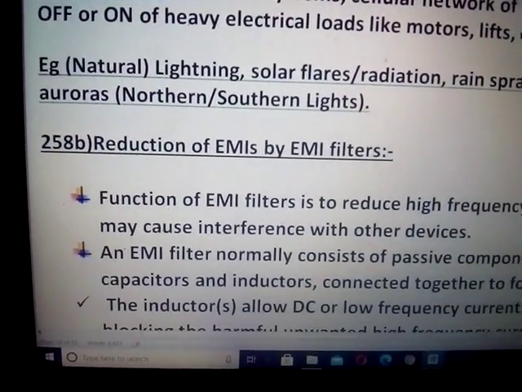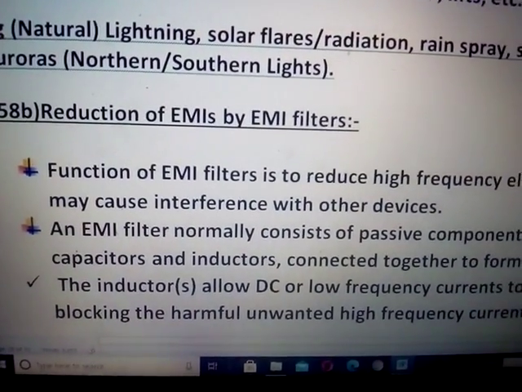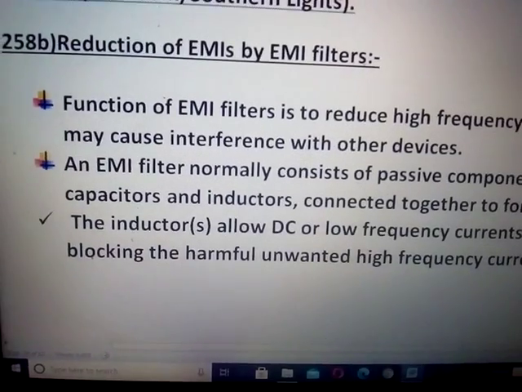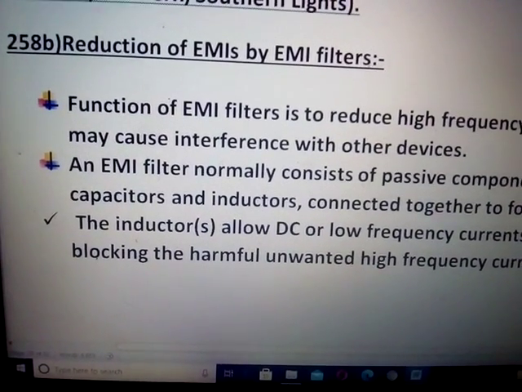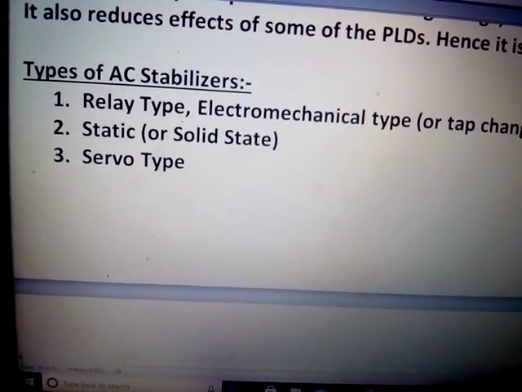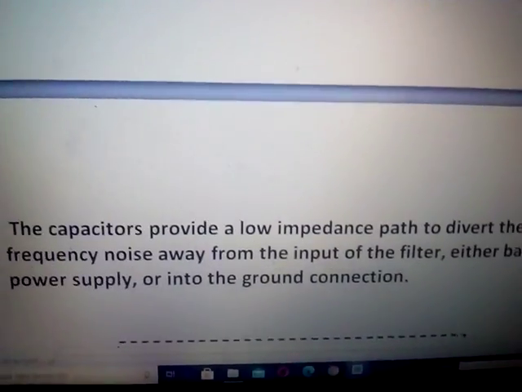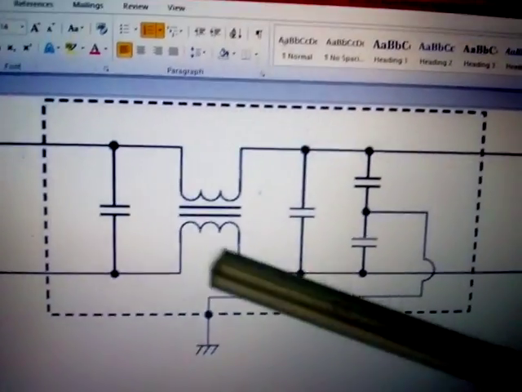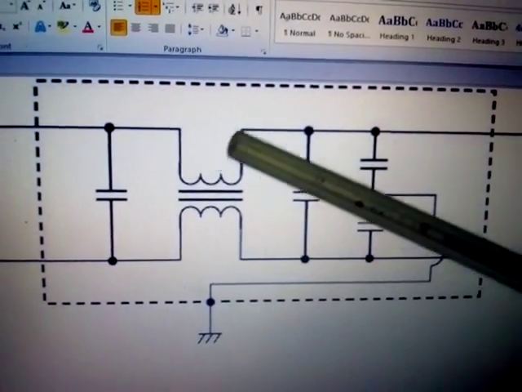Now reduction. We will use filters. LC circuits usually. You know filters in your electronic circuits, same type. See here. Capacitor, inductor.